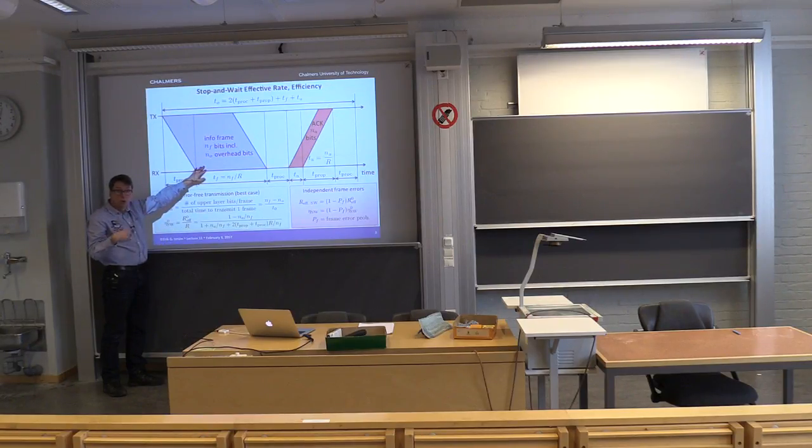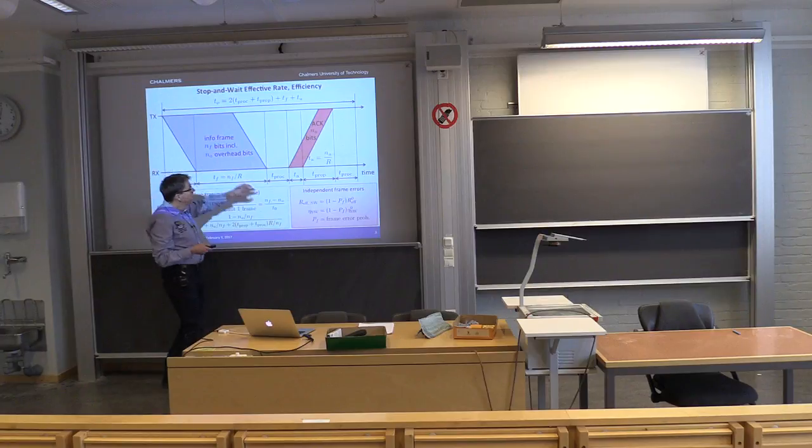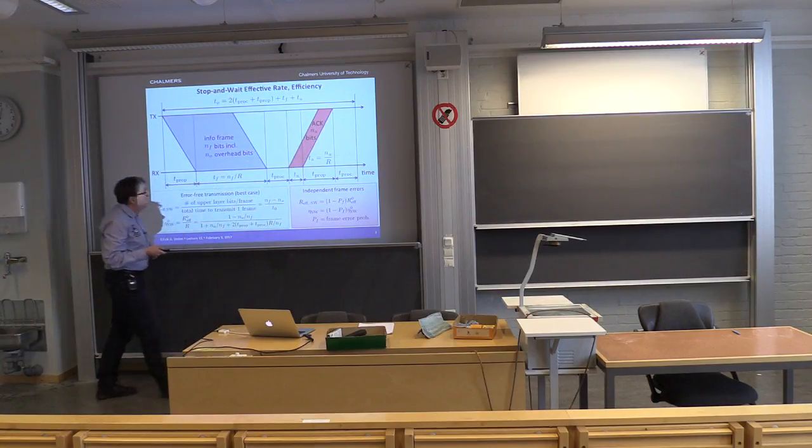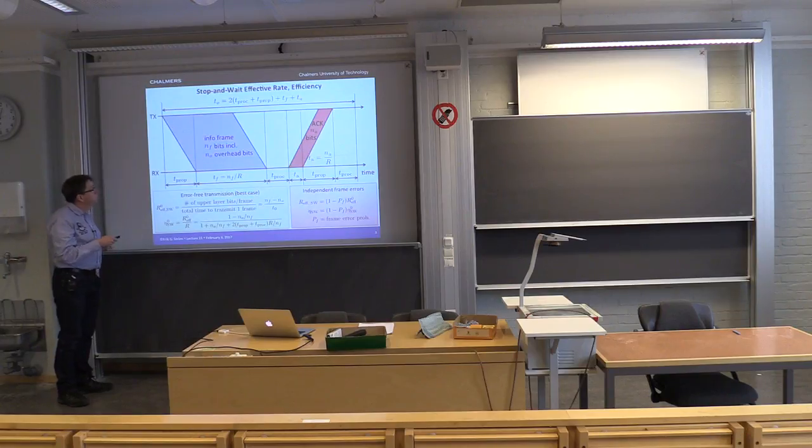So this is data, while this is more things that we need to communicate in order for the protocol to work. These are called control frames, including acknowledgements. In the information frame, there are NF bits in total, and out of those, NO are overhead bits.